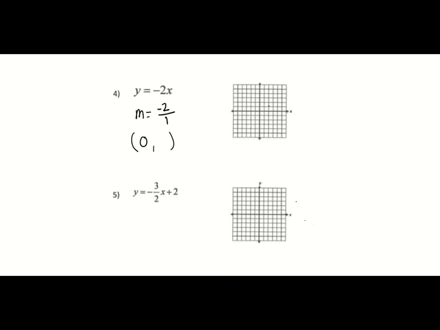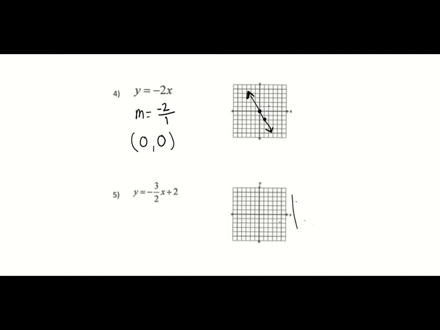And there is no number here for my y-intercept, so that makes it (0, 0). So when I graph my y-intercept, it's going to be right at the origin, (0, 0), and I've got a -2, so that means I'm going down 2, and over 1. And there's my answer.